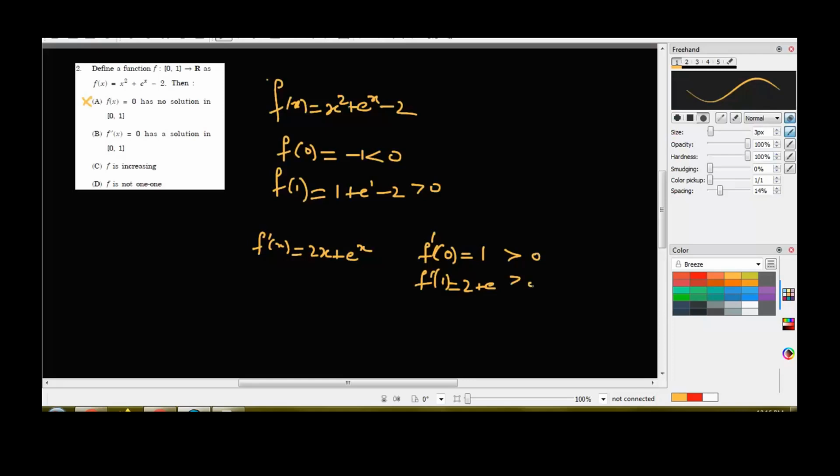So this concludes that there is no solution between 0 and 1. Again, the possibility which says f dash of x equal to 0 has a solution in 0, 1 is ruled out. Now the derivative is greater than 0 for the values between 0 and 1, the closed interval, the domain. And since the derivative is positive, we can conclude that the function is increasing. So C is the correct answer for this question.